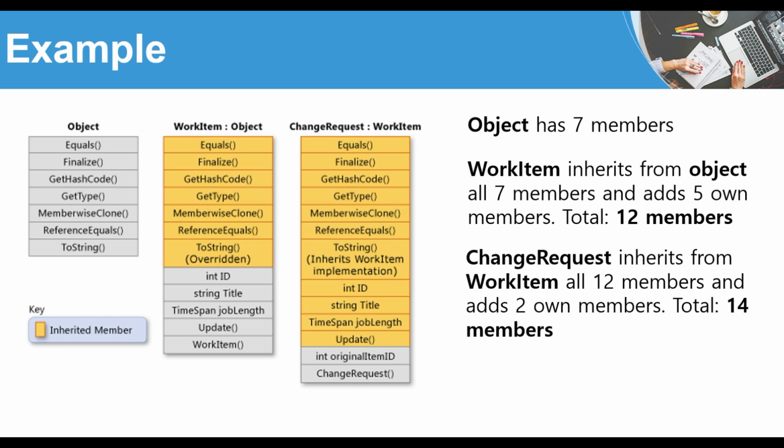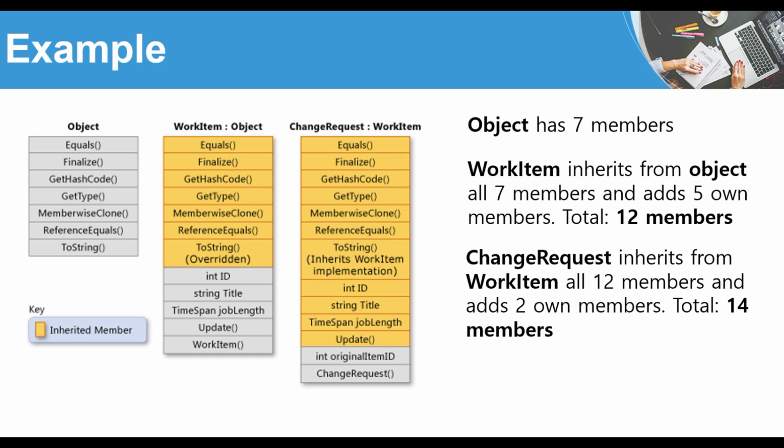Now, if we have another class that is called work item that inherits from object, it will inherit all the seven members that the object has, but it can also implement a few other members. And in this case, work item inherits from object all the seven members and adds five other members to it. So in total, this class work item will have 12 members.